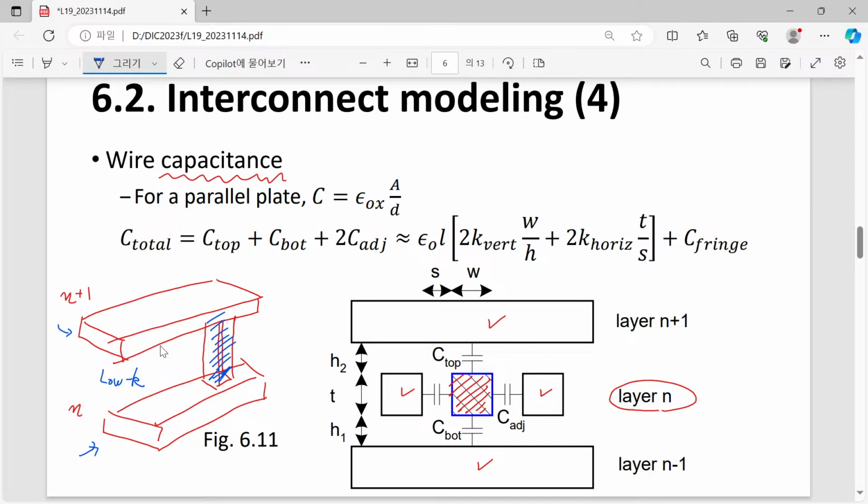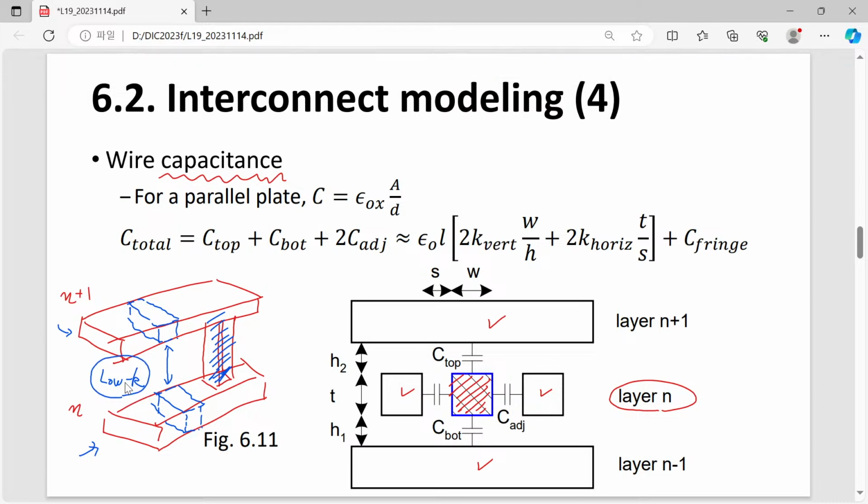Then when we consider a small portion of our n plus 1 layer and another small portion of our nth layer, what is the capacitance? Of course, we can consider the distance between them and the relative permittivity of the filling material, the low K material.